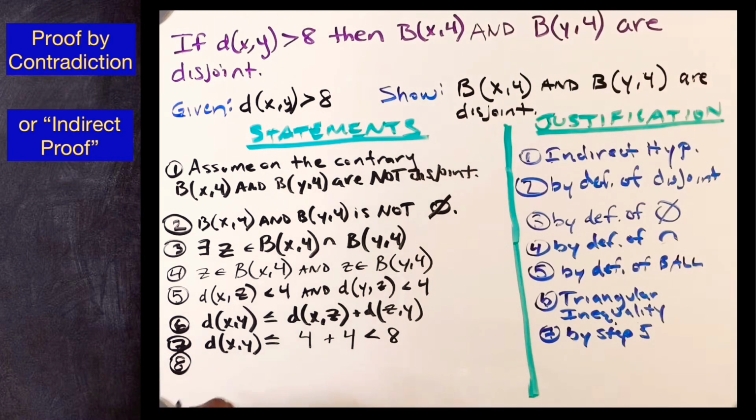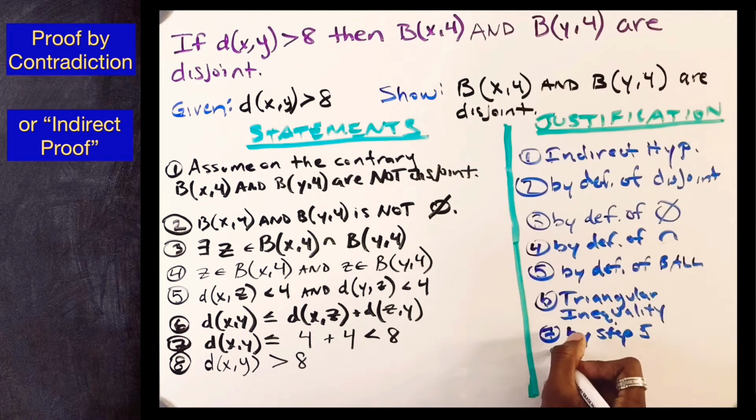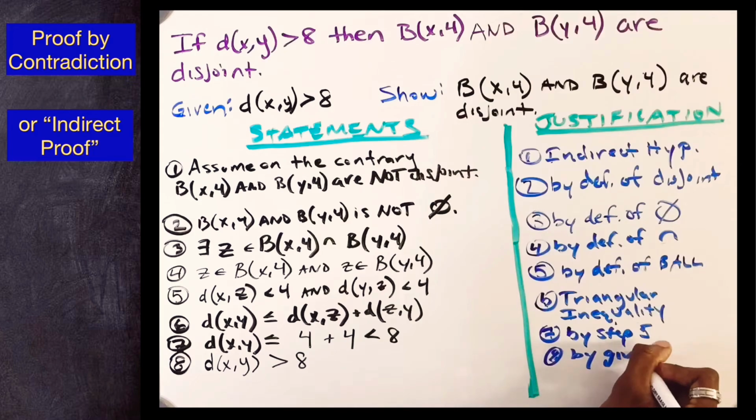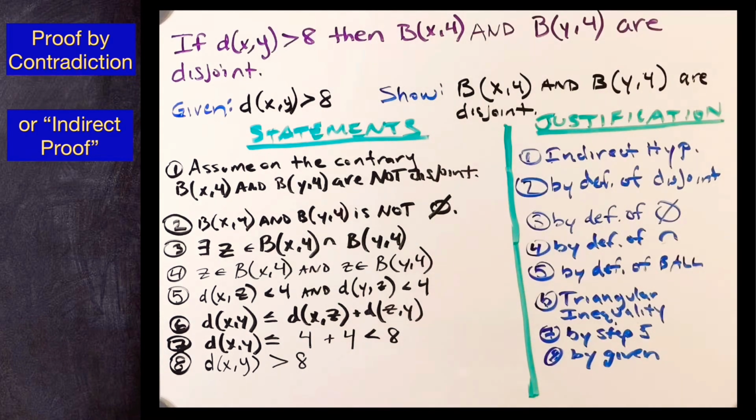The given says that the distance from X to Y is greater than 8. That justification is that this is our given statement. By given. Now, this is what we've been looking for the entire time. The given statement says that the distance between points X and Y must be greater than 8.